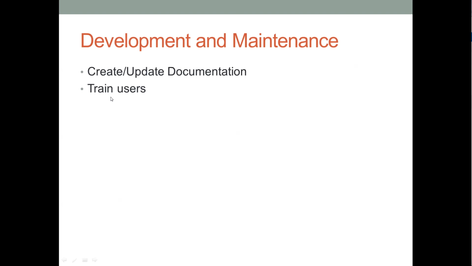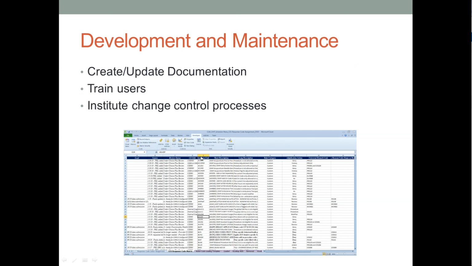You may set up a WebEx and you may want to train your users for the first couple times that they're using it, train them how to use it. And then really important, you want to institute change control processes around that data. So in other words, let's say that this is the original data that your macro takes in, transforms, and does something with.